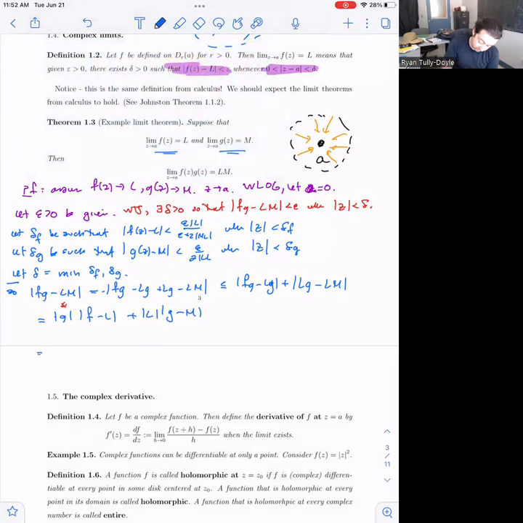So this is equal to |(g − m) + m| times |f − l| plus |l| times |g − m|. And then using the triangle inequality again on this part, I get that this is less than or equal to (|g − m| + |m|) times |f − l| plus |l| times |g − m|.